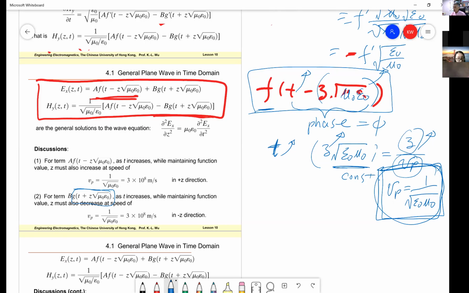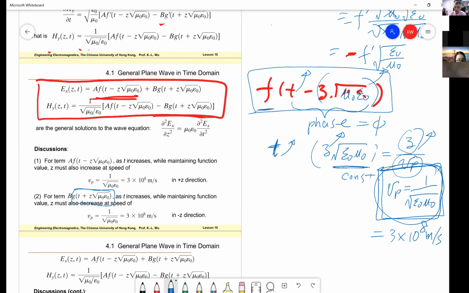And the wave speed is exactly equal to the speed of light, because we know the permittivity in free space.